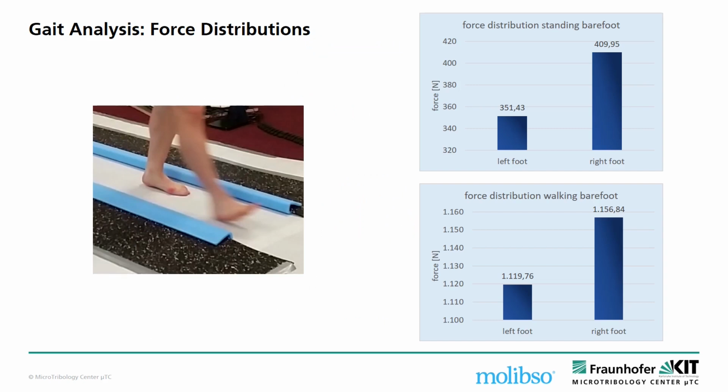In terms of numbers, we see what we saw before, in newtons standing barefoot, 351 versus 409. So the left shift can be seen here. When we add those two numbers, we end up at 760 newtons, divided by 10.